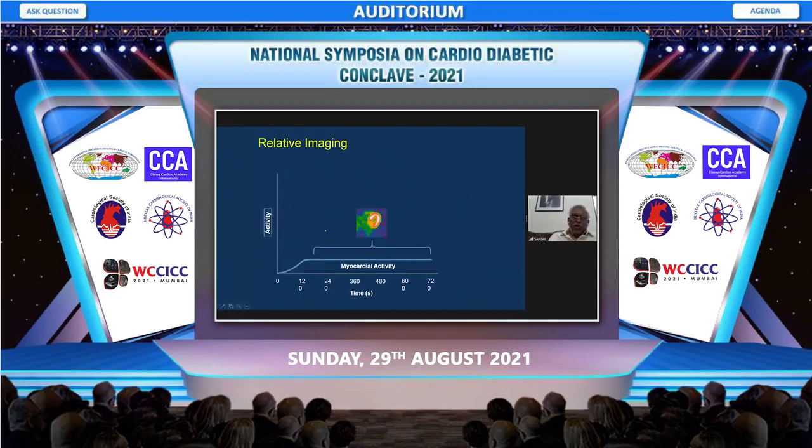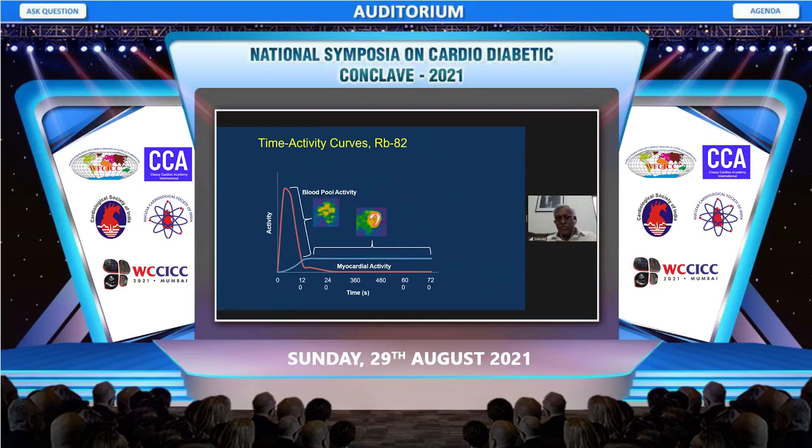So normally when we are doing SPECT or even PET, we are looking at the late images, the stress and rest images, and showing the difference where the infarct is. Whereas in the perfusion CFR studies, we have to look at the earlier 2 to 4 minutes. So it's a dynamic early study in which the first flush of blood goes, ammonia goes, rubidium goes, mixed into the blood.